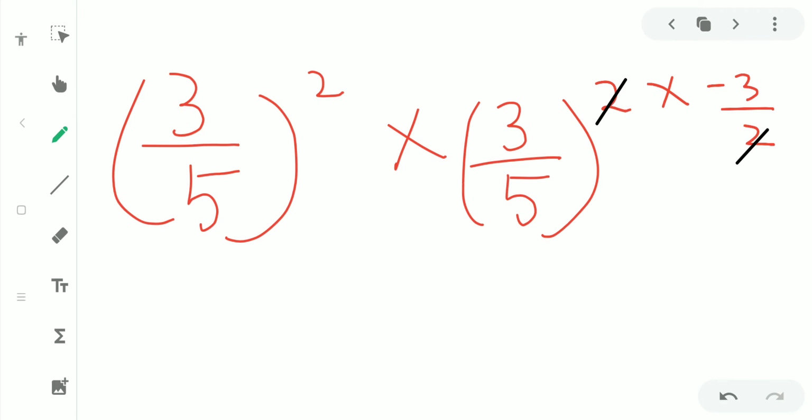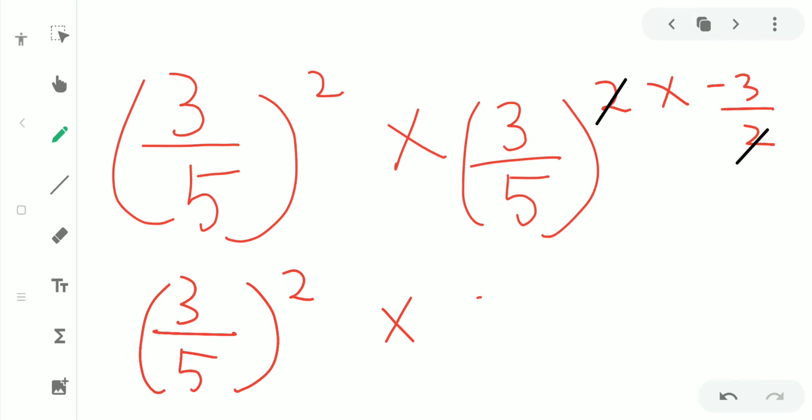So we will have 3 by 5 whole square multiplied with 3 by 5 whole power minus 3.